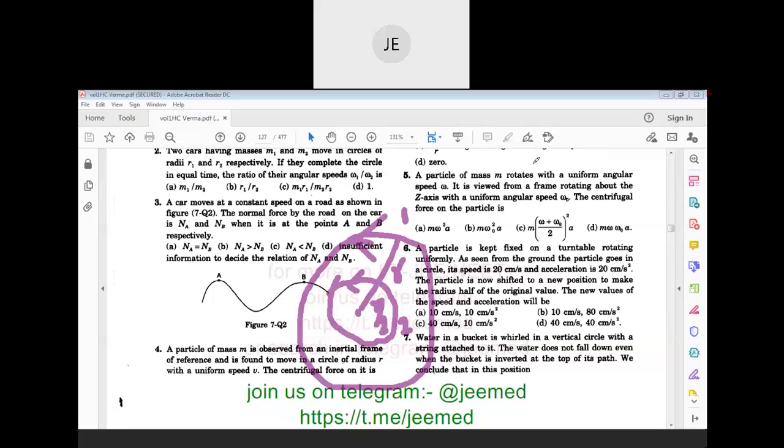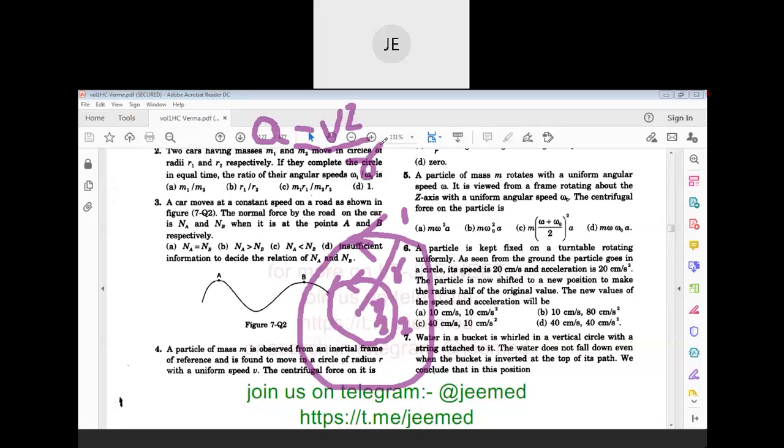So first step, what do you do? Use the centripetal acceleration, that is the v square by r formula. A is equal to v square by r. A is given, v is given, r you find out.